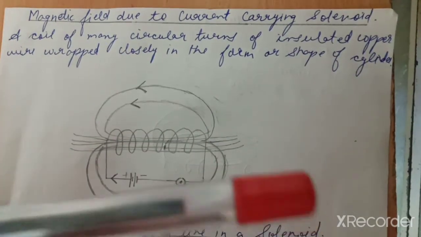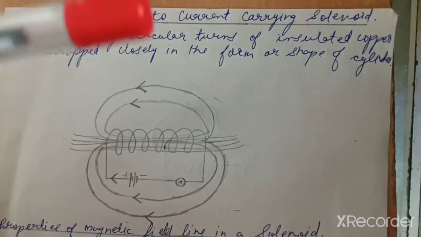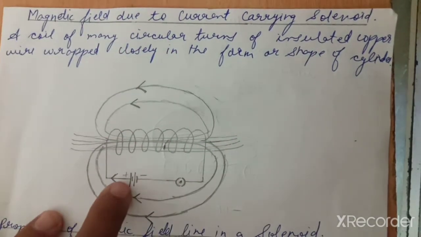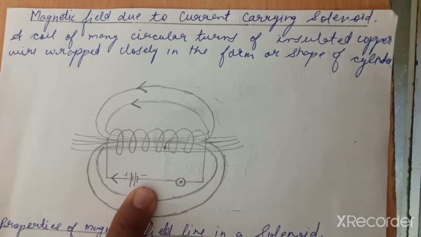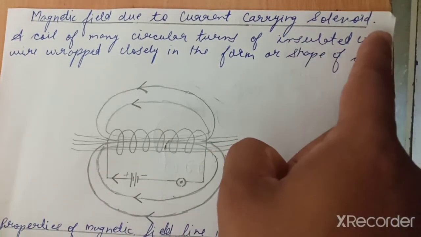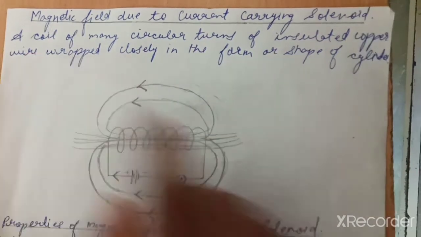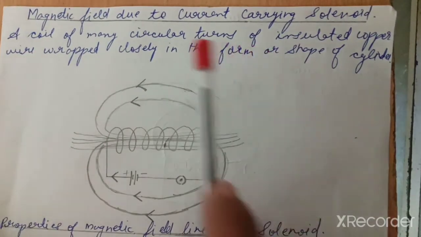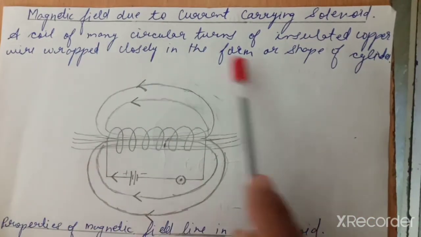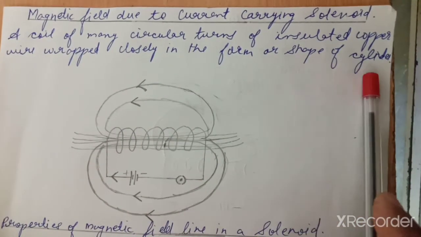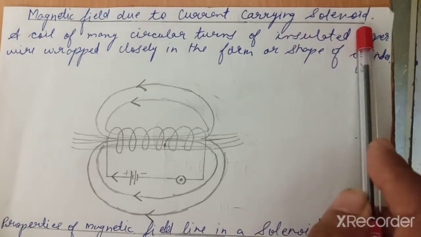This copper wire has two ends, one connected to the positive terminal and the other to the negative terminal. So what is the meaning of the solenoid? A coil of many circular turns of insulated copper wire, wrapped closely in the shape of a cylinder, is called a solenoid.